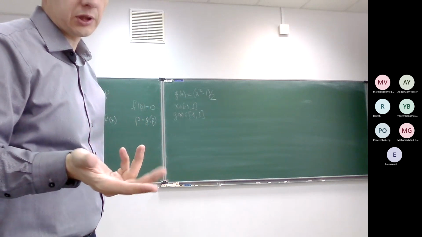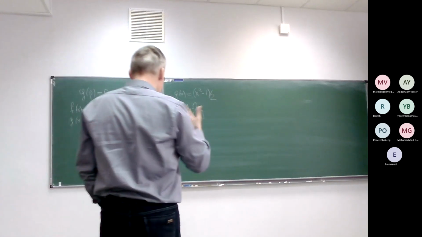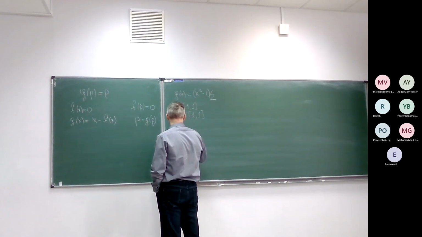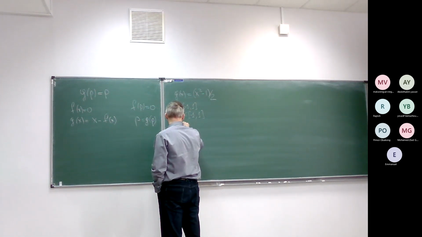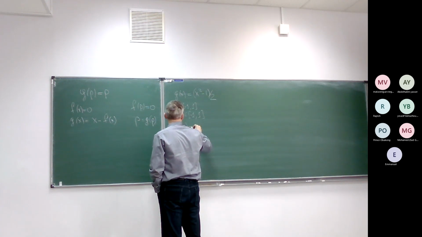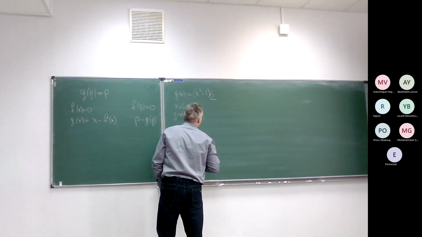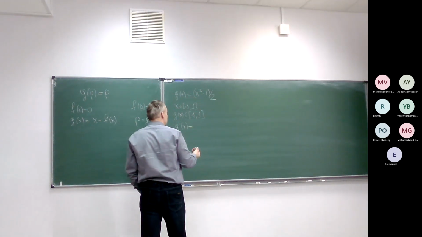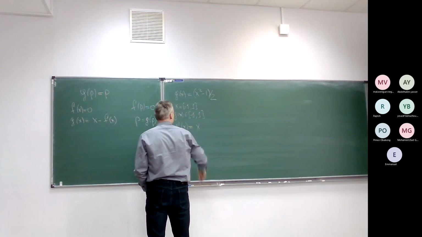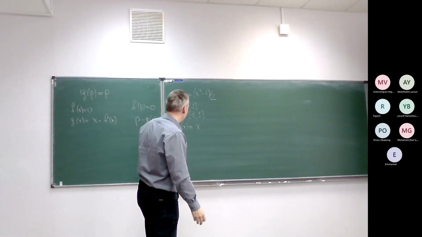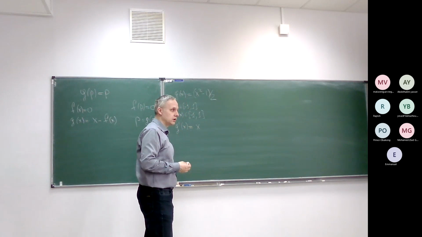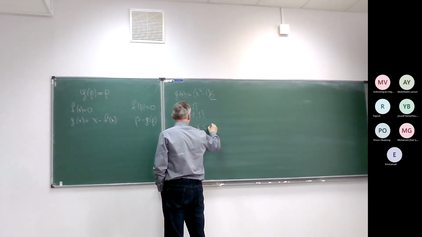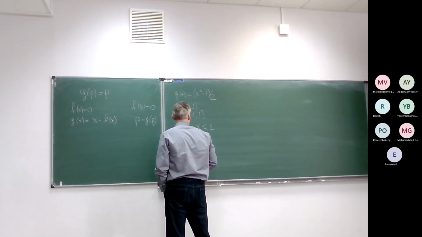And the second property: we should find the derivative of this function, g prime of x. G prime of x equals x, and on the interval between 0 and 1, it will be smaller or equal to 1.